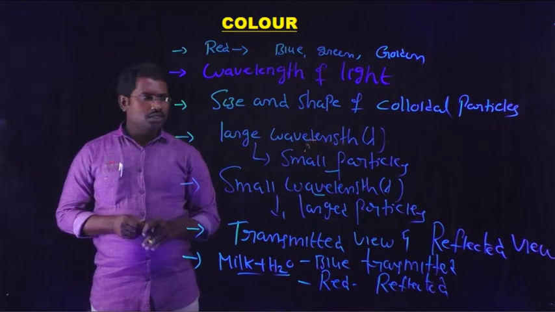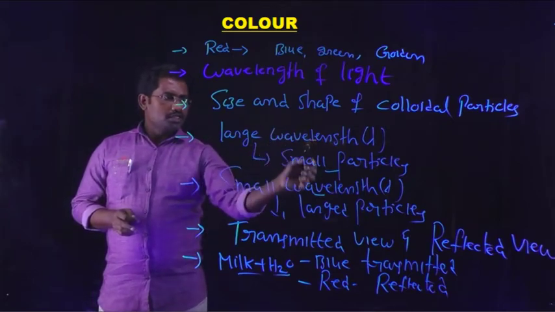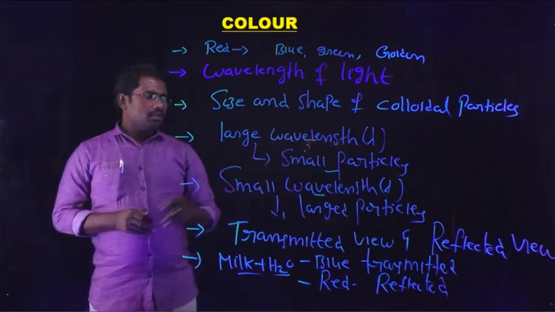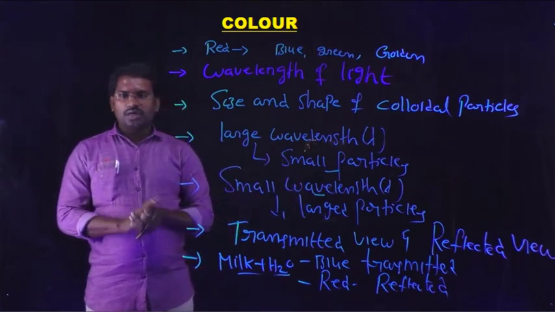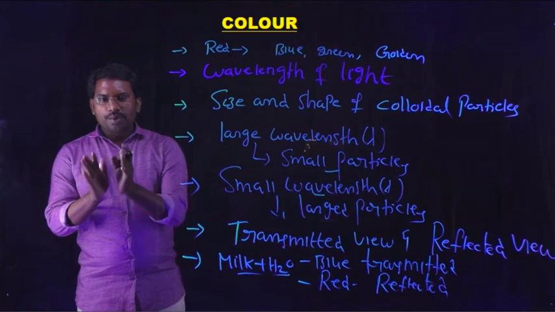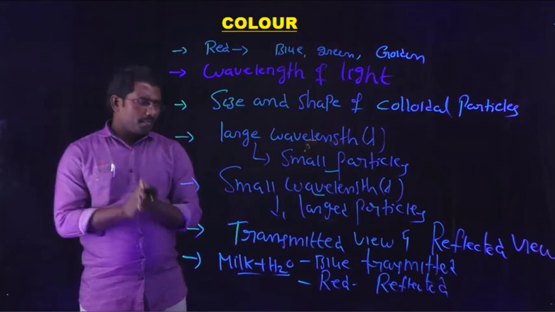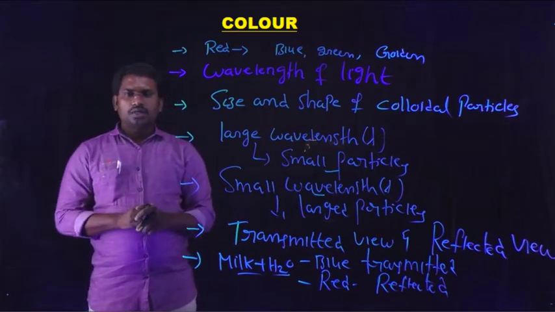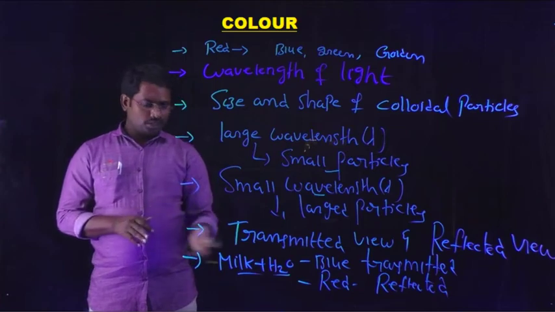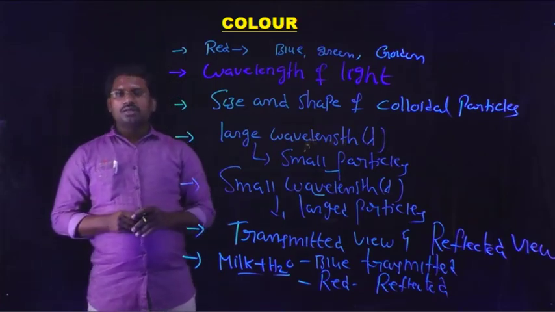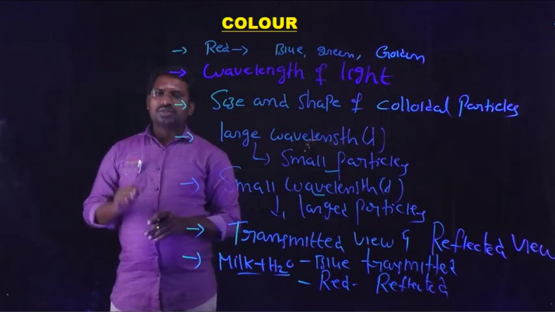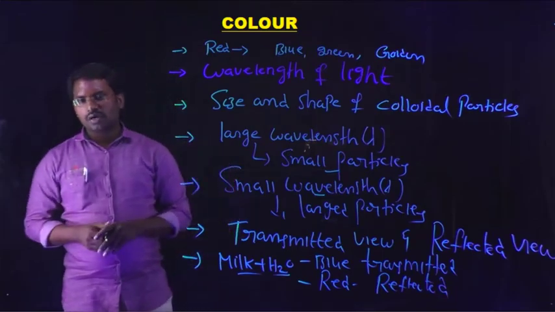Another important thing is that large wavelength light is scattered by small particles, and small wavelength light is scattered by large size particles. The color of the colloidal solution appears different in the transmitted light view and reflected light view, for example, milk and water and gold solution. So this is the information about the color expected from the given colloidal solution.